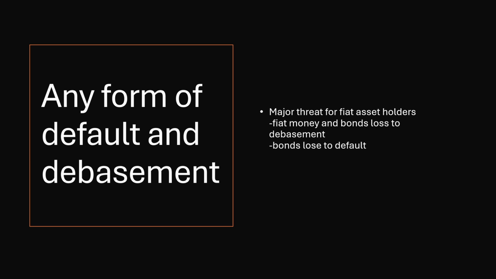Any form of debasement or default is a threat to the asset holders of fiat bonds and cash. You do not want any of these paths, all these options that are presented that are inevitable. All of them are dreadful.